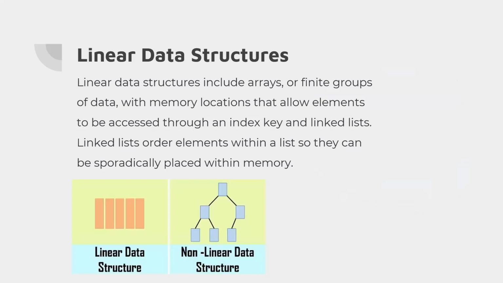So linear data structures include arrays, or finite groups of data with memory locations that allow elements to be accessed through an index key, and linked lists. Linked lists link elements within a list so they can be sporadically placed within memory.